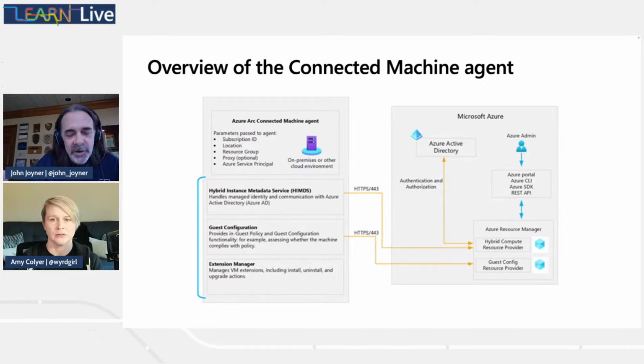You can see that the instance metadata service is talking to one part of Azure, which is your Azure Resource Manager. That's where your Azure resource record is created, and then the other pieces are talking to the guest resource provider. That's saying, you have an extension to install. You have a job to do. Go and install it.